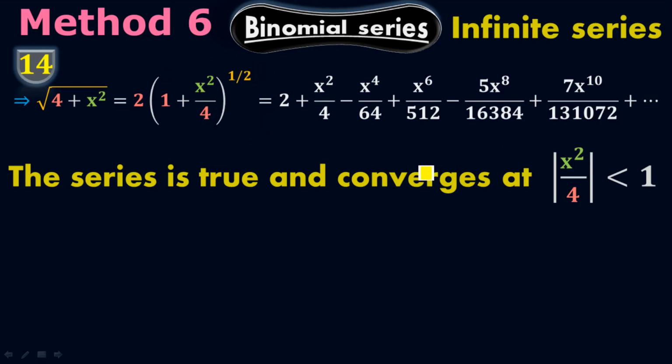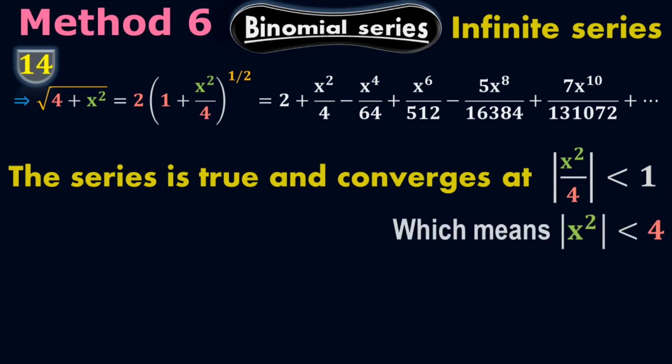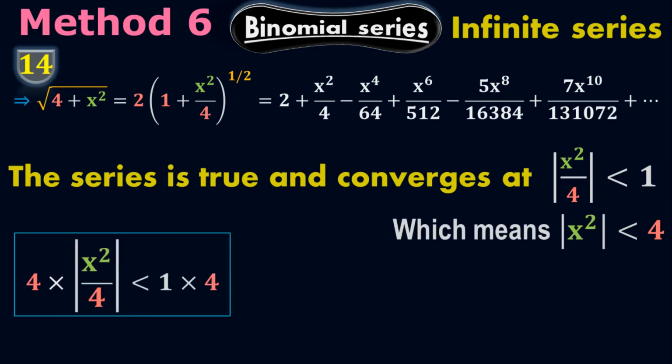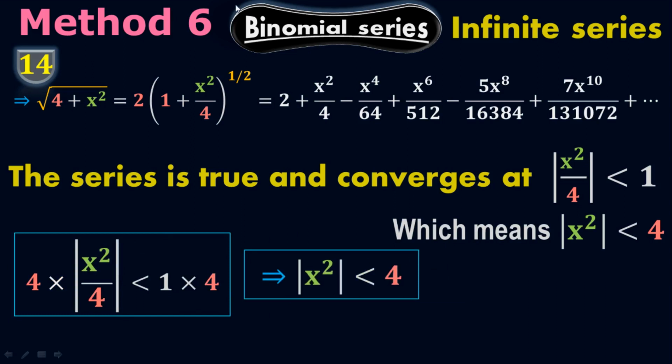But for the convergence, it is compulsory that modulus of b must be less than 1, which means that x squared is less than 4. Look what I did. I multiplied both sides by 4, so I got modulus of x squared less than 4.